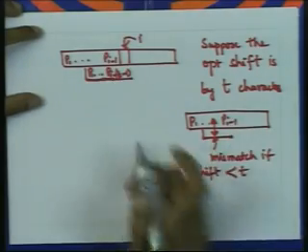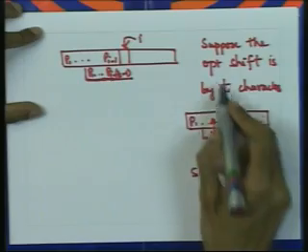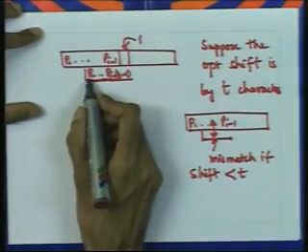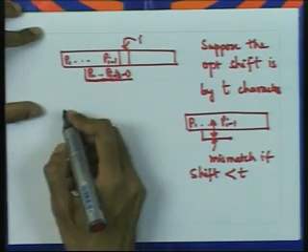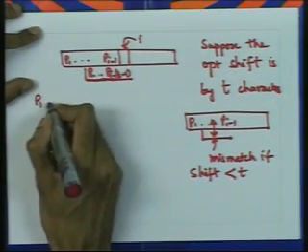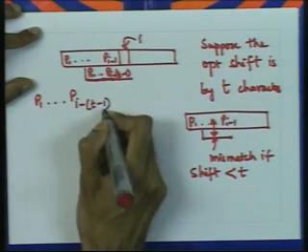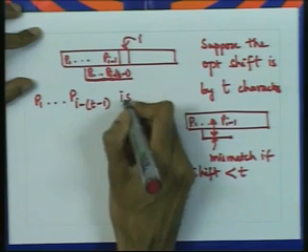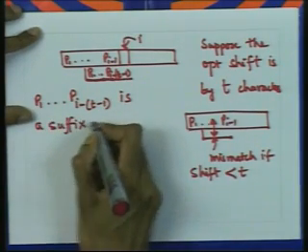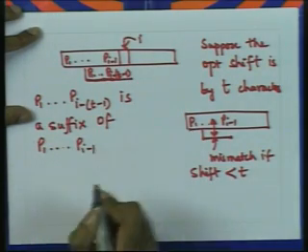I might as well shift it all the way up to T, and if the optimum shift is T, this means that I have a match all the way up to here. Which means P1 and so on up to Pi minus T minus 1 is a suffix of P1 to Pi minus 1.